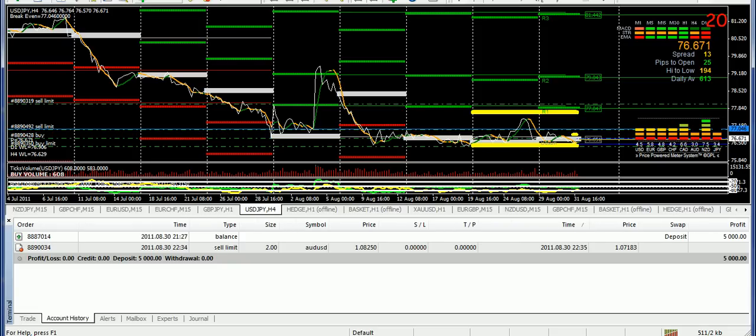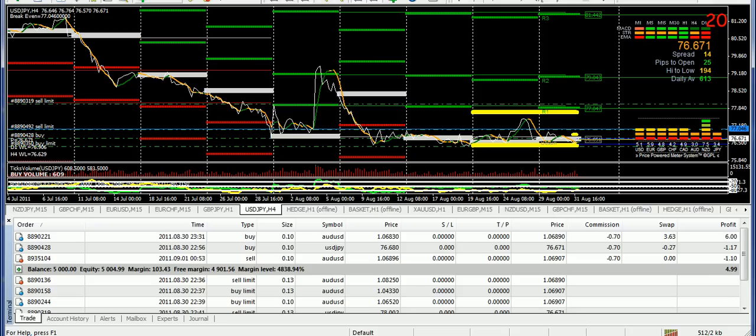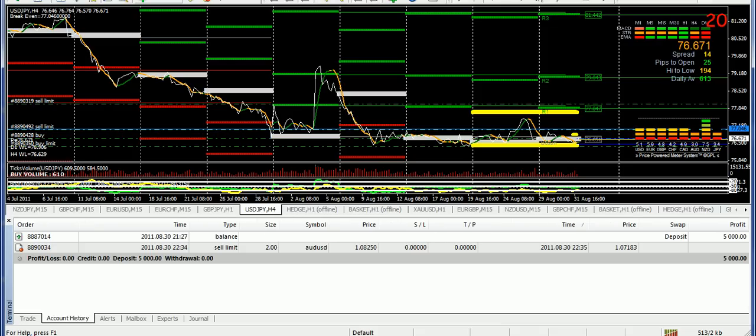In the account system, we took off one trade there because I put it on by mistake. Okay, once again, it's just a little error I made at the time. I hit the wrong one, made a mistake, and it was a sell limit.